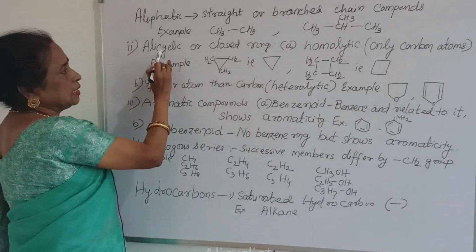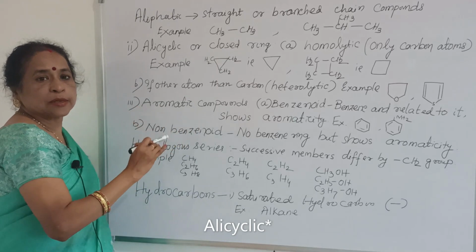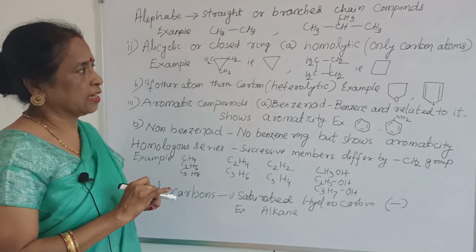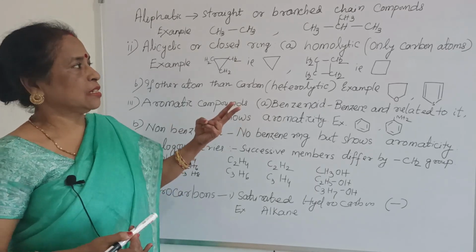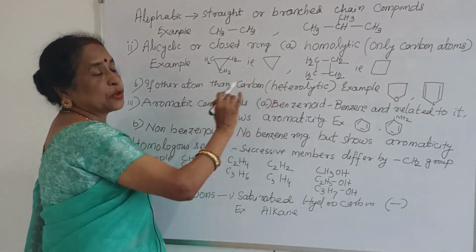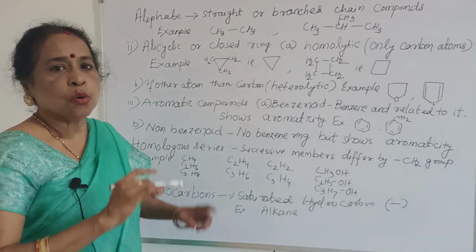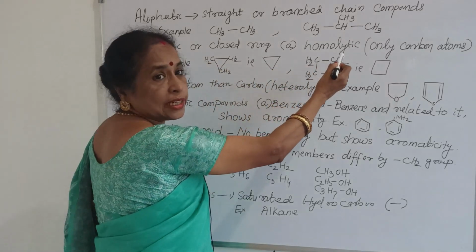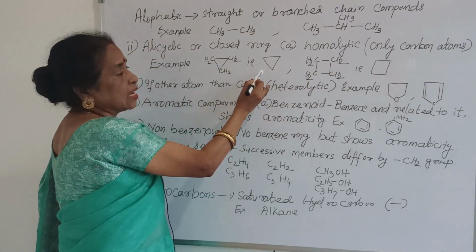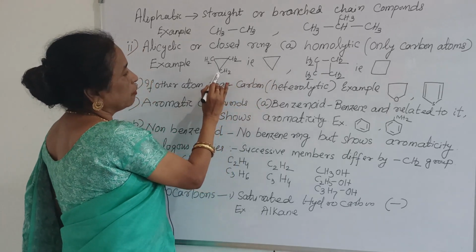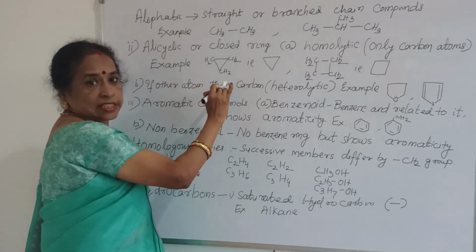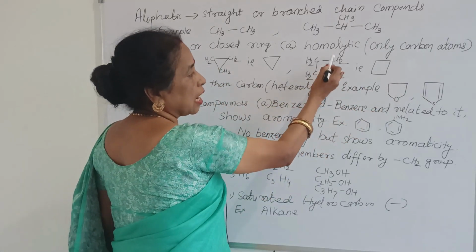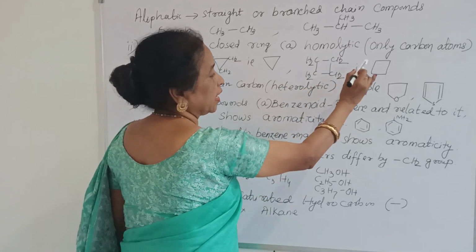Next come to cyclic or closed ring. That means here the compound is in the form of a closed ring, and two types are present. One is homocyclic, another is heterocyclic. First come to homocyclic. Only carbon atoms are present in a ring, that is called homocyclic. Example here, cyclopropane, where you can find 3 carbon atoms in a ring, and cyclobutane, where 4 carbon atoms are joined in a ring.